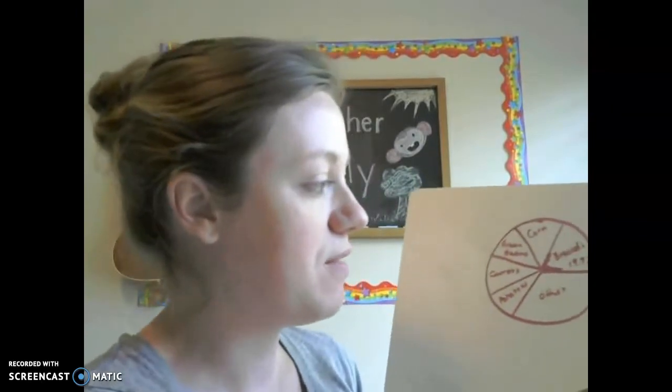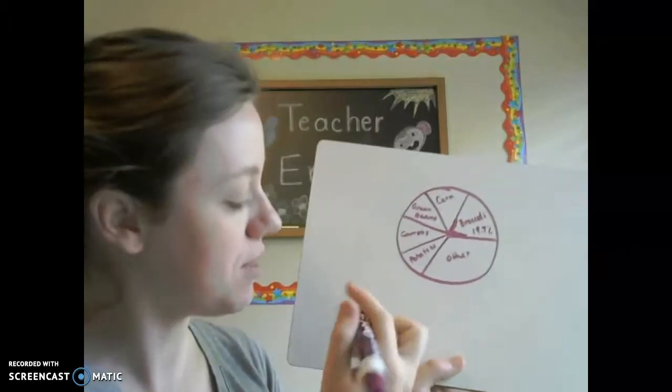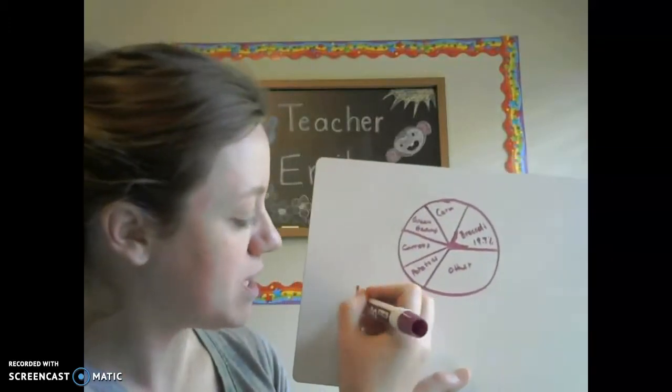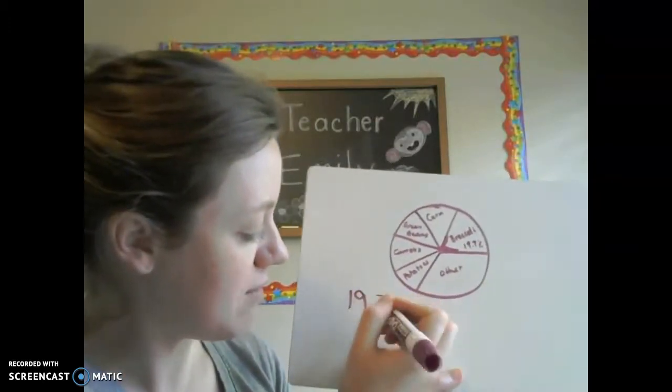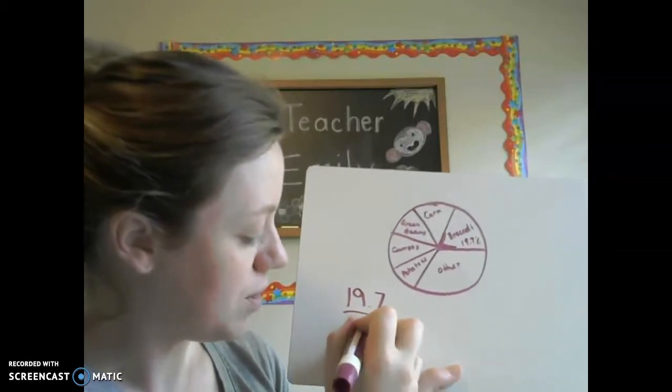It says that broccoli is the favorite vegetable for 19.7% of adults. You can write percentages in this way that'll make it a little easier, I think. 19.7% is basically 19.7 over 100.